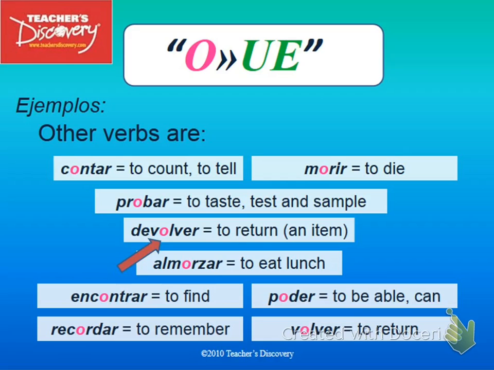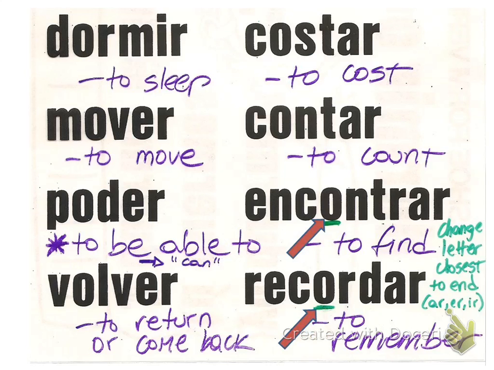But notice that the verb devolver has an E and an O. These verbs are easy to tell apart because when you're coming back from the AR, ER, or IR, you're only going to look at the first vowel. Once you drop the AR, ER, or IR, you work backwards, and the one closest to the end is what you're going to end up changing.